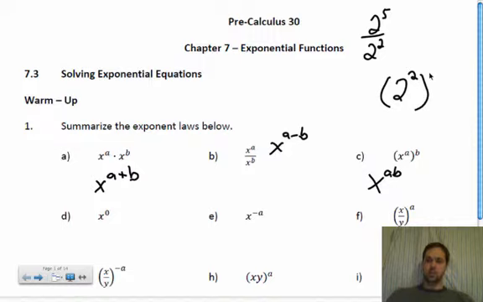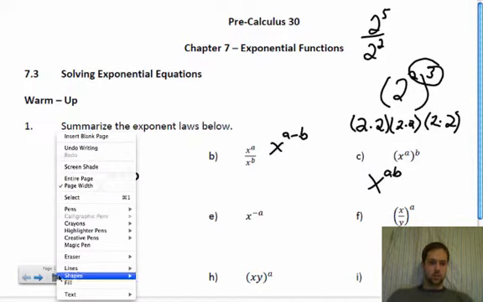If we did 2 squared all to the power of 3, that would be 2 times 2, raised to the power of 3, which is like multiplying 2 times 2 by itself 3 times. You'll notice that it's basically 2 times 2 times 2 times 2 times 2 times 2, which is 2 to the power of 6, which is 2 times 3 for those two exponents.